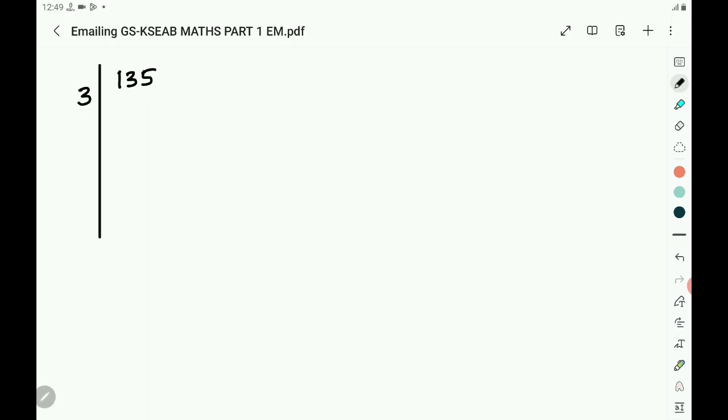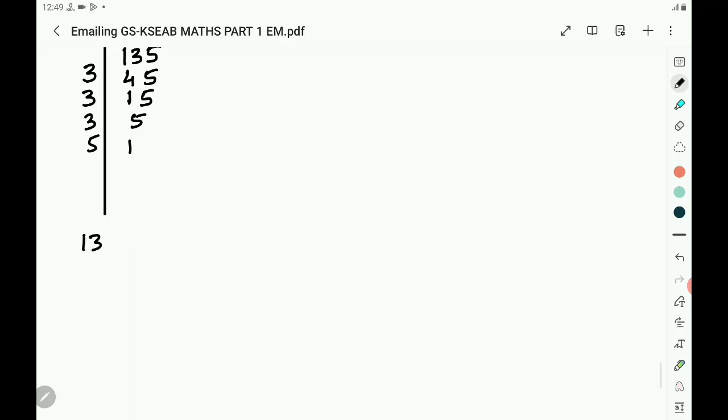Then 3 fives are 15, again 5 plus 4, 9, this is in the table of 3, 3 threes are 9, 15, 3 fives are 15. You got that 135 equals 3 into 3 into 3 into 5, means 3 power 3 into 5.